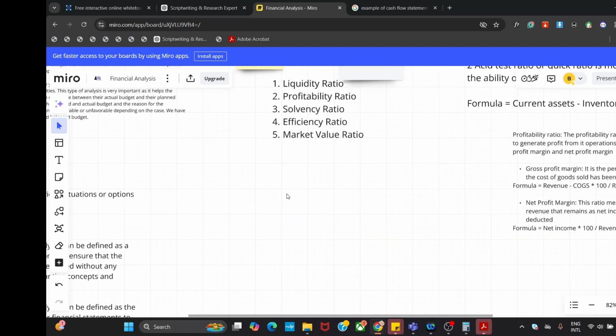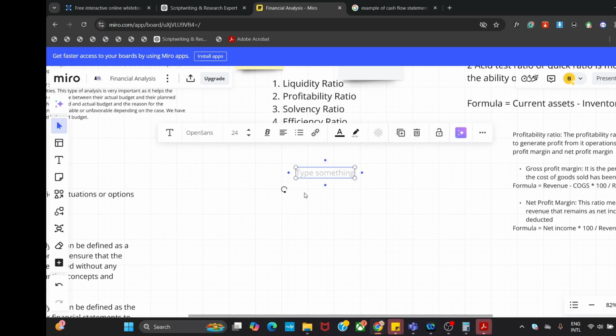So the next ratio we'll be talking about is the solvency ratio. Now, this is the opposite of the liquidity ratio, because this ratio measures the company's ability to meet its long-term financial obligations, that is, to meet its debts and future obligations.